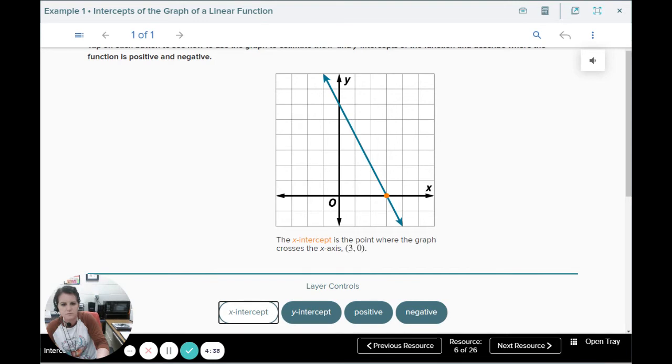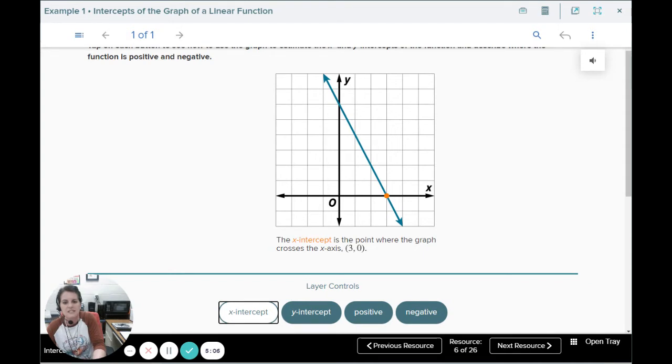Okay, well, what is the y-intercept? The y-intercept is where it crosses the y-axis. So if we look right here, it crosses at 1, 2, 3, 4, 5, 6. It's tempting to put 6, 0, but it's not 6, 0, it's 0, 6, because my x always comes first when I'm listing an ordered pair, and then the y value.